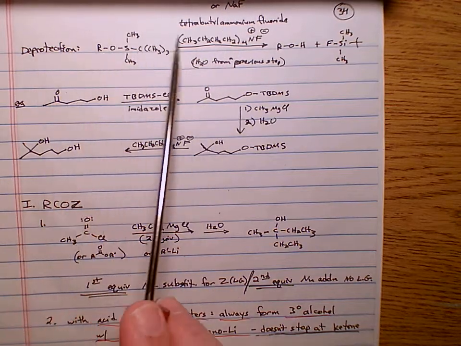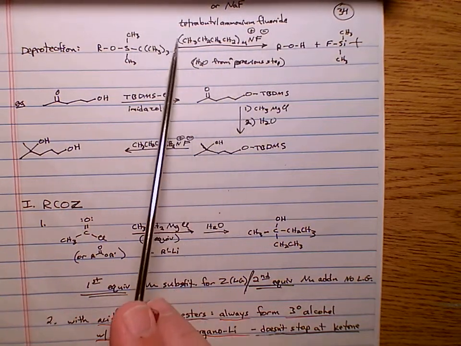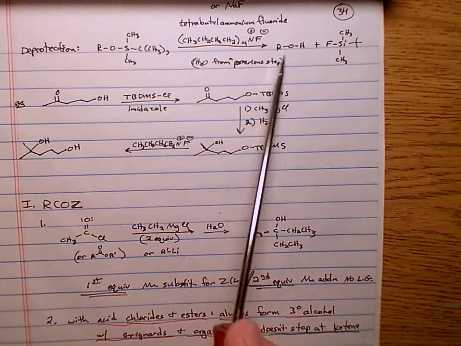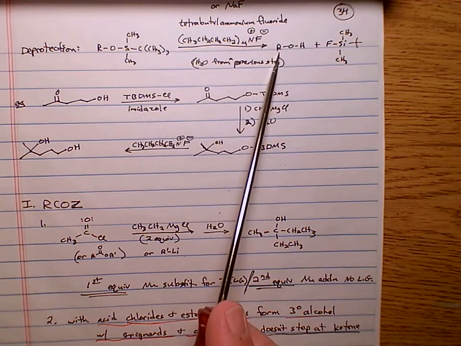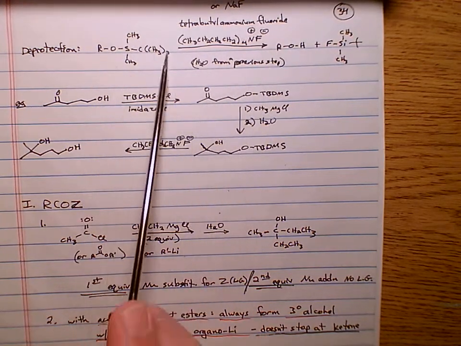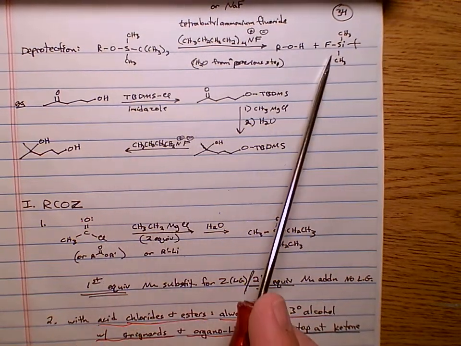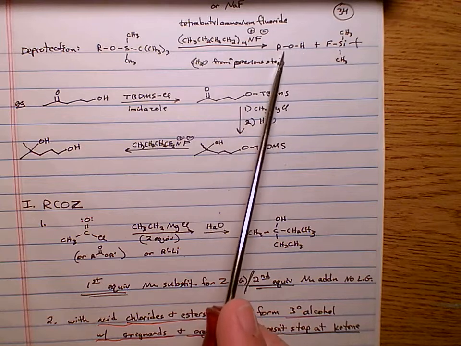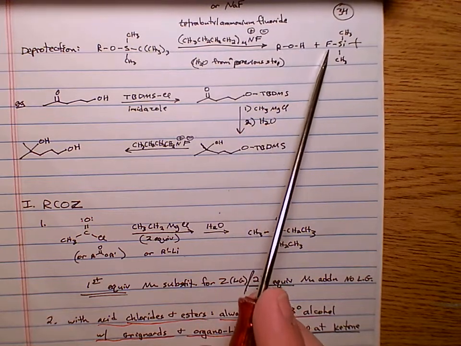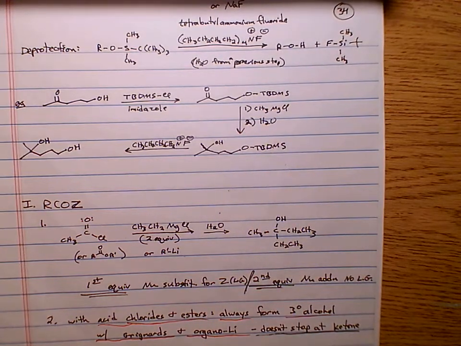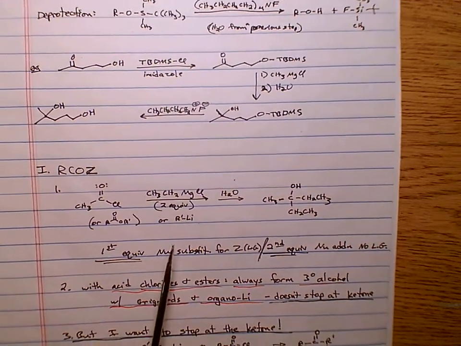So sodium fluoride will work, tetrabutylammonium fluoride will work, and it will convert this silyl ether, using some water from the previous step, back into the alcohol and put a fluorine where that chlorine used to be on the silicon.